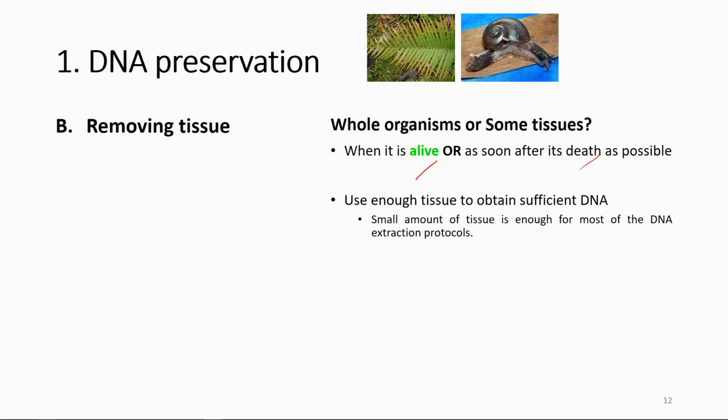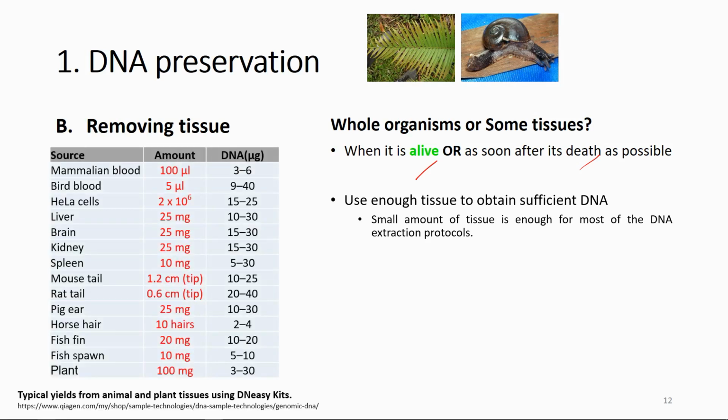For most DNA extraction protocols and downstream lab procedures, you only need a small amount of tissue. For example, this is one of the extraction kits, or extraction methods. This is the amount of starting material, the tissue required for you to get a certain amount of DNA.